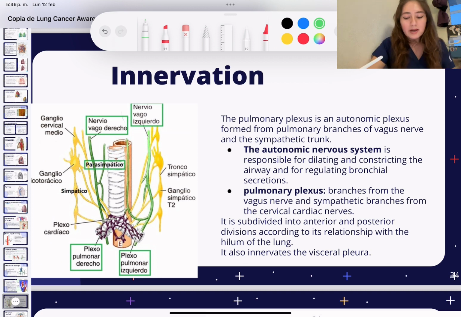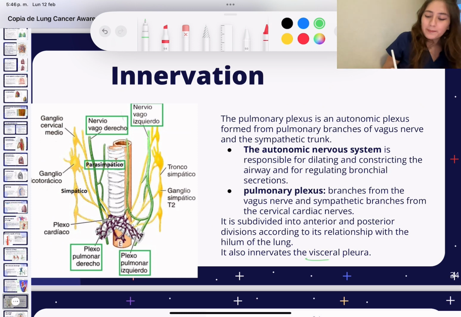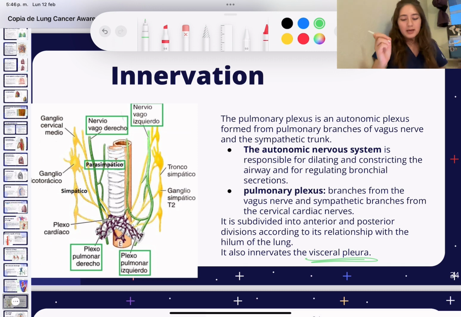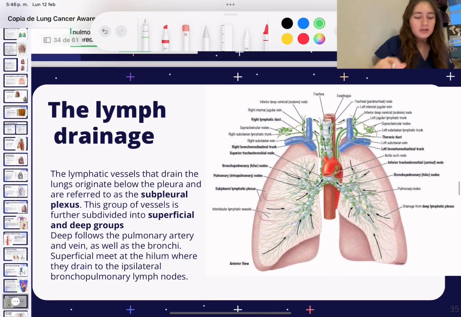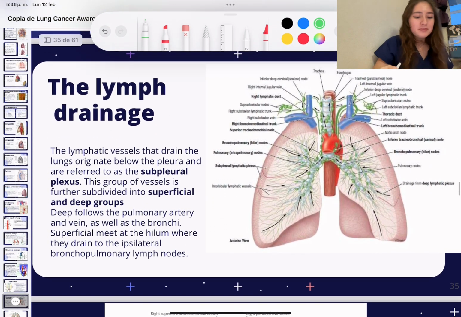It is subdivided into anterior and posterior divisions according to its relationship with the hilum of the lung. It also innervates the visceral pleura, because we know that visceral pleura is attached to the lung, so they have the same innervation. We cannot remove visceral pleura without damaging the lung. So it makes sense.